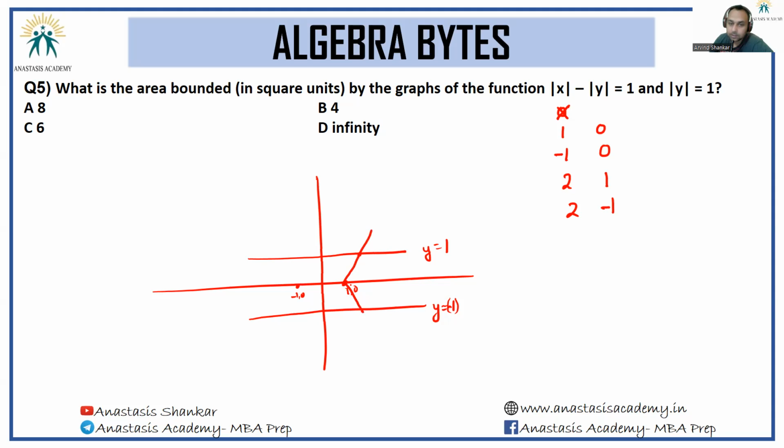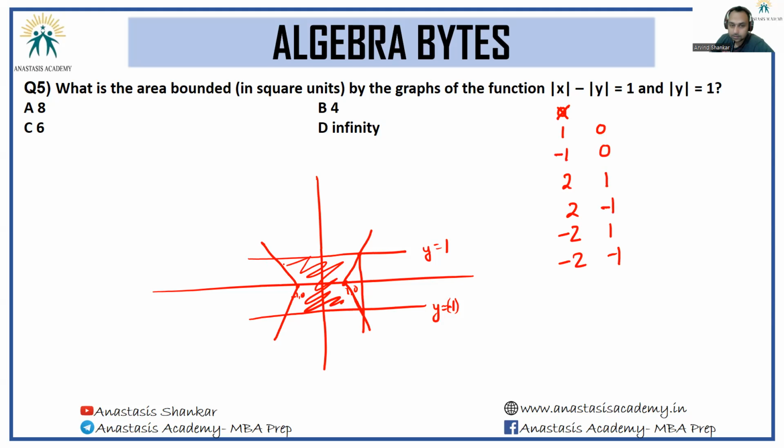So you see, these lines have been identified. Similarly, if x was minus 2, y could be 1 or minus 1. These lines have also been identified. We are only supposed to look for the area bounded by these graphs. So this is the area we are seeking.